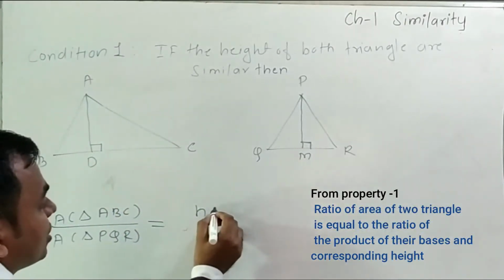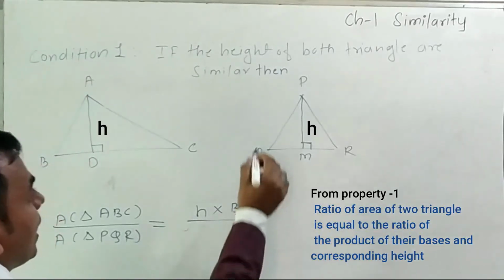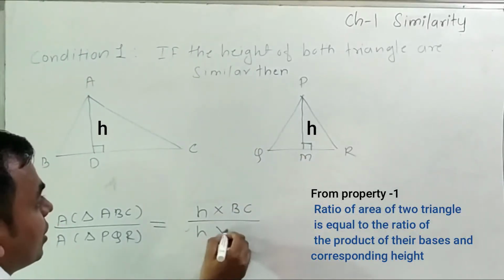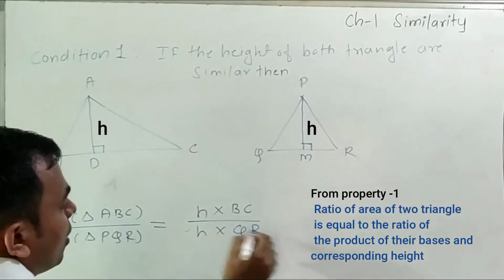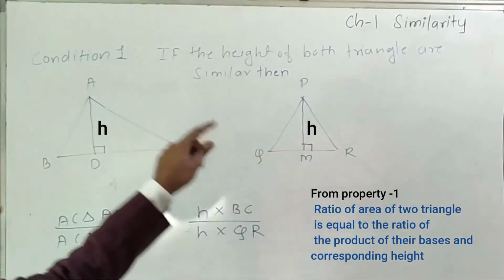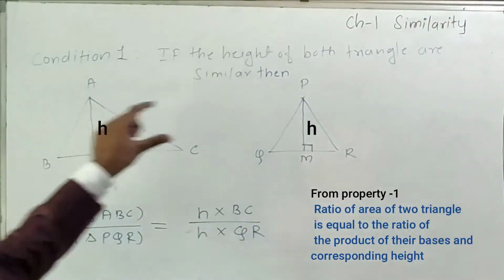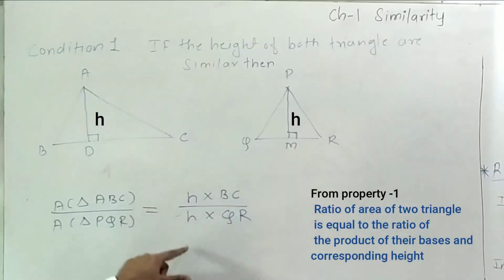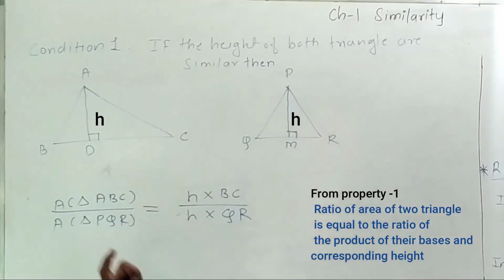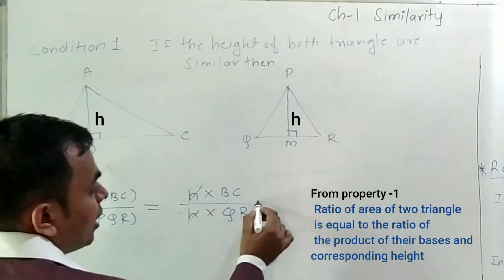Height H into base BC, height H into base QR. Why is it H here? Because these two triangles have the same height. So instead of AD and instead of PM, we write H, because of the same height. So now I can cancel this H.